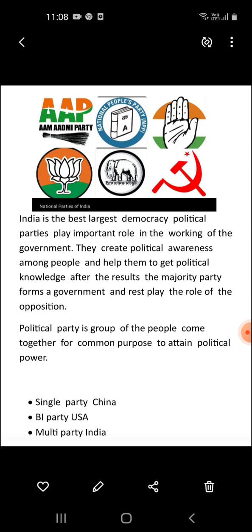Basically there were two important reforms: one is the voter identity card, and the second is the electronic voting machine. In today's class I am going to merge three topics: election, voting behavior and political party.